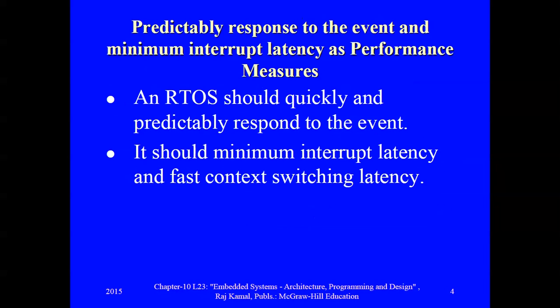Next are predictably responding to the event and minimum interrupt latency as performance measures. The RTOS should respond very quickly to an event. It should keep the minimum interrupt latency and have fast context switching latency. That means the task has to be context switched in a very fast manner, and the interrupt latency should be minimum in an RTOS.